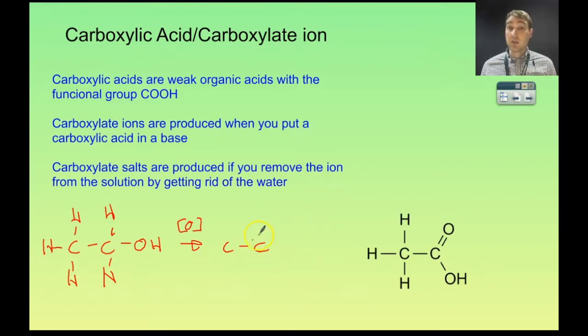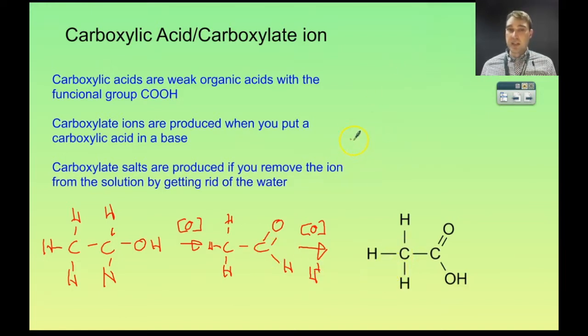Primary alcohols go to aldehyde. So we go C double bond O, H, and we fill in the rest of our H's. Then if we oxidize the ethanal in acidic conditions, we do that using square brackets, and I'm writing an H plus underneath the arrow to show that we did it under acidic conditions, you get ethanoic acid. So ethanol goes to ethanal, goes to ethanoic acid.